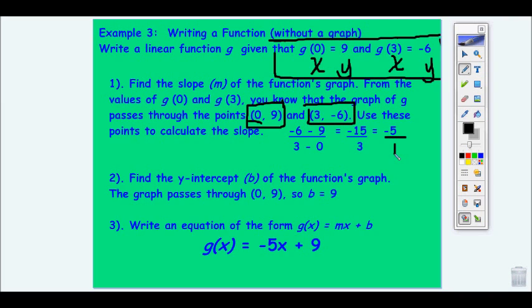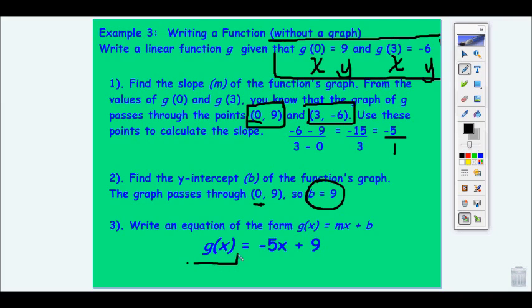So it says find the y-intercept b of the function's graph, given that the graph passes through 0, 9. Well, again, we know a y-intercept whenever we have an x of 0. That means we're not going to go left or right. So they're giving us that right here in the information. We had a point 0, 9, so we know that the y-intercept is 9. So what do we need to write it in function form?